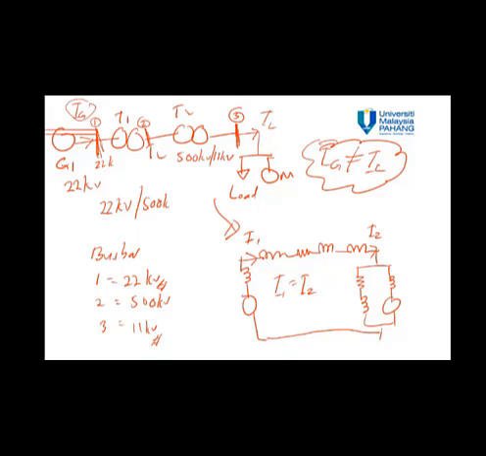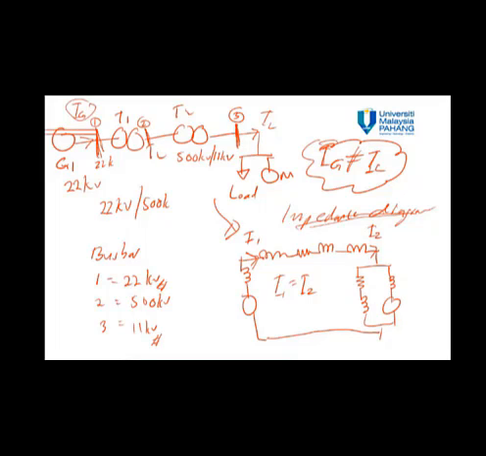So the current flowing in this circuit is not equal. IG is never equal to IL in a power system. So if we use this impedance diagram to analyze this electrical circuit, we will get the wrong answer.